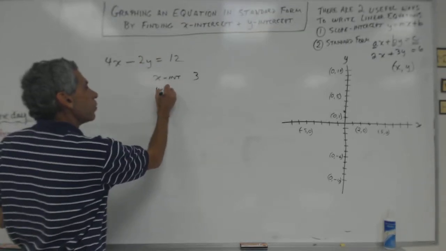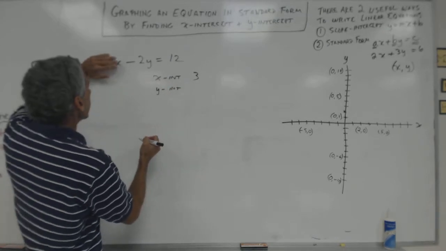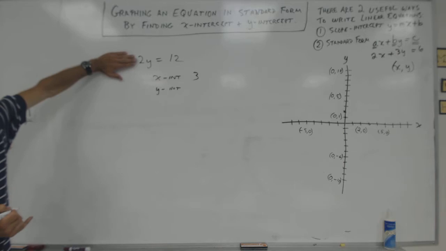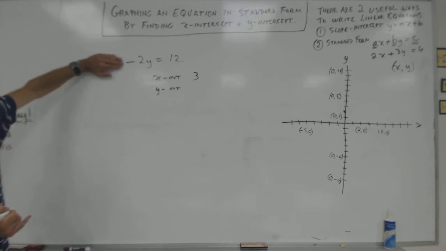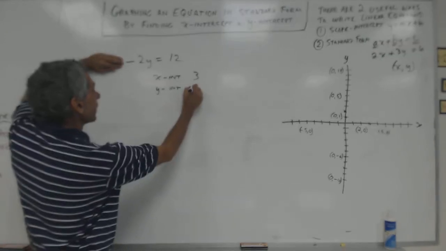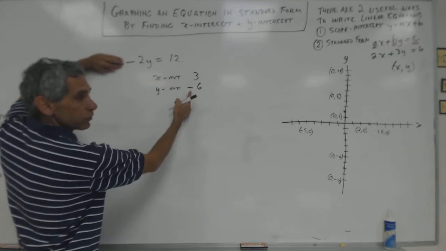All right, to find my y-intercept, now look, it's got a negative sign. I can't cover up the negative sign because it's negative 2y. So what is my y-intercept? Negative 6? That is correct. Negative 6. That negative is really important.